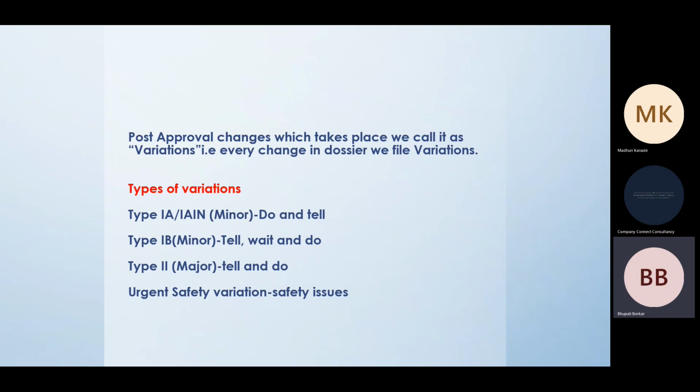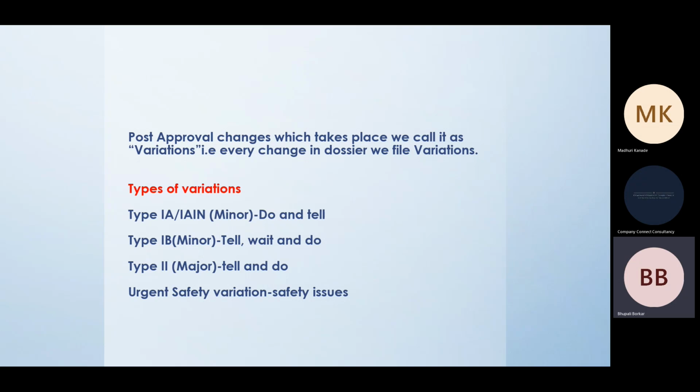So this is a Type IA change. That minor change, I will do it first, and within 12 months, I have to inform the authority that this change has been implemented at site. The time span I have is only 12 months for Type IA.